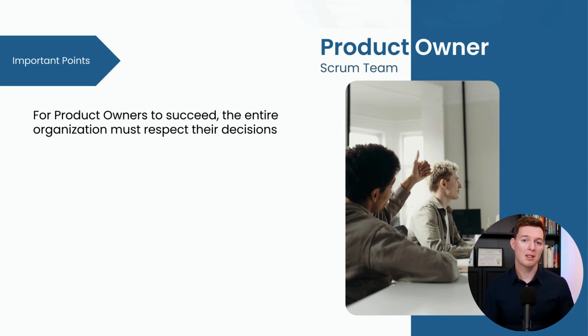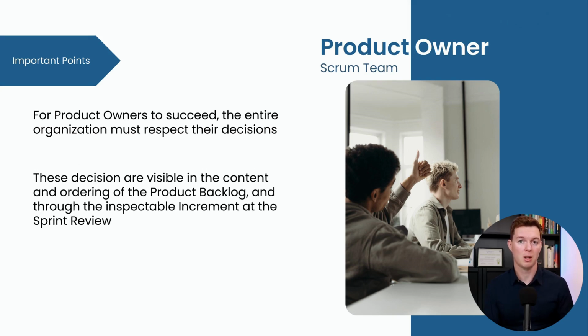The organization has to trust the product owner's judgment. The organization can see and test that judgment by seeing the outcomes of the product owner's decisions through the content and ordering of the product backlog and through the inspectable increments at the sprint review. More on the sprint review and the importance of the role that the product owner plays in that event later on in this course.